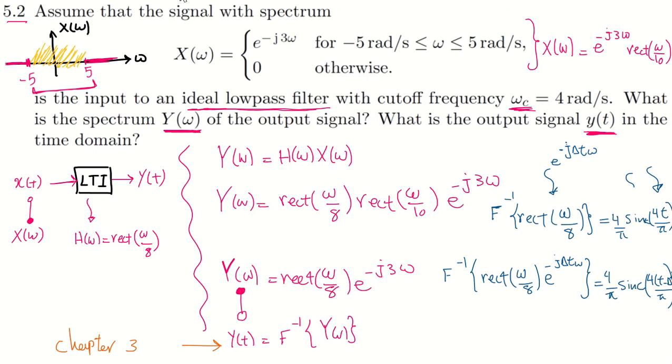So delta t is 3. So I can write this and say y of t, which is the inverse Fourier transform of a rectangular function omega over 8 times e to the power of minus j times 3 times omega, equals 4 over pi times a sinc function whose parameter is 4 times t minus 3 over pi.